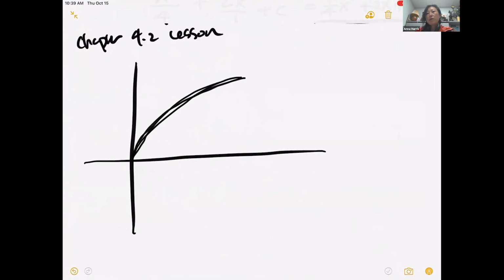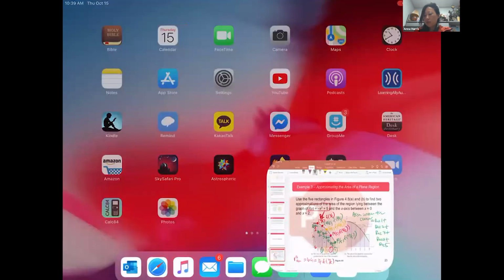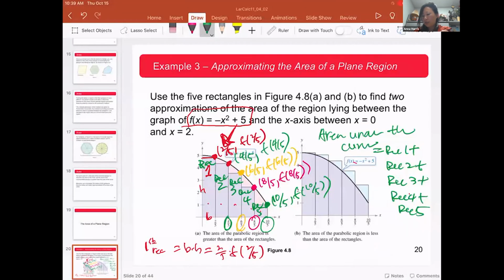Okay, so this is what we have. So what was the picture that we have? 2, 4, 6, 8. Is that what we have? What's the picture that we have? So I can use the same thing. 2, 4, 6, 8, 10. Okay, and then the equation is that.